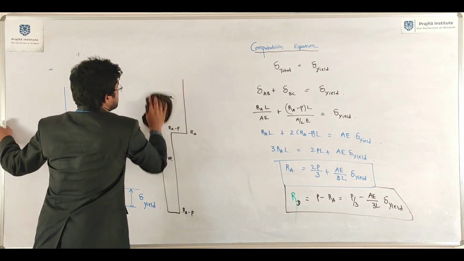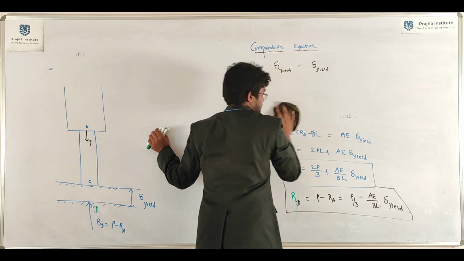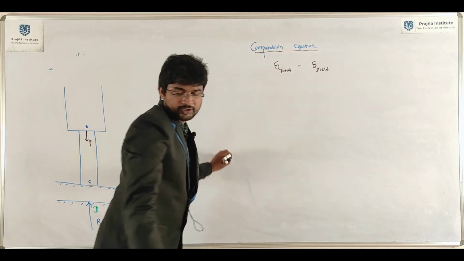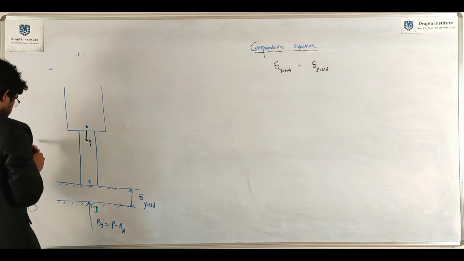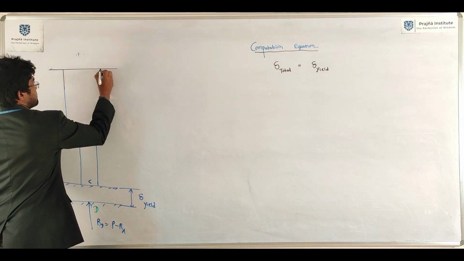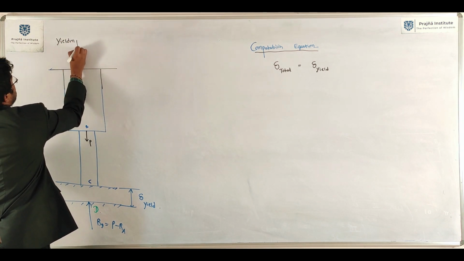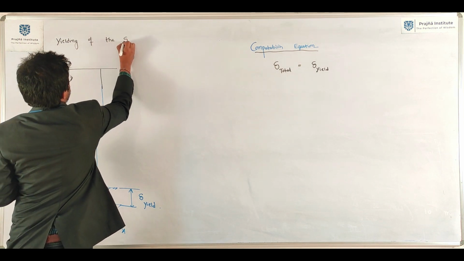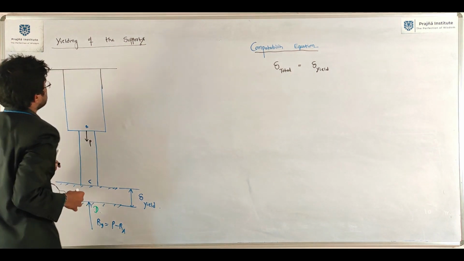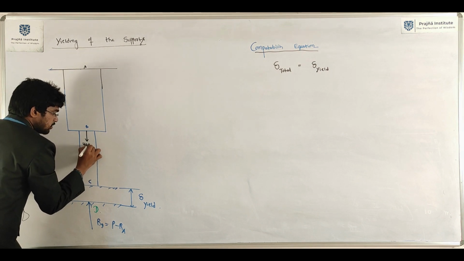Yes, we need to solve one numerical problem. You can solve the same problem actually. Yielding of the supports only. Here 40 kilonewton is acting.